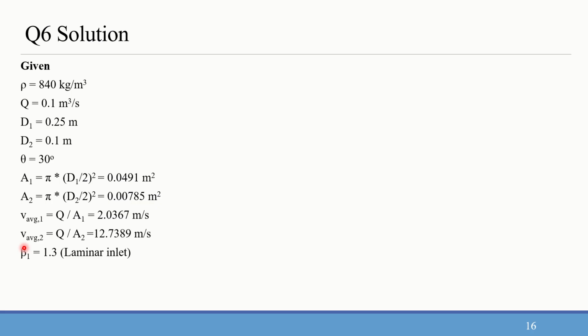Now we have to use the momentum correction factor, which we got from the previous problem. As I mentioned, you can get it after integrating as well, but here I am just using the default value. So beta 1 is 1.3 at the inlet, and beta 2 is 1.03 at the outlet, laminar inlet and turbulent outlet.